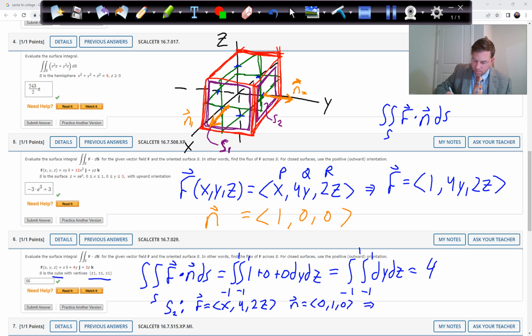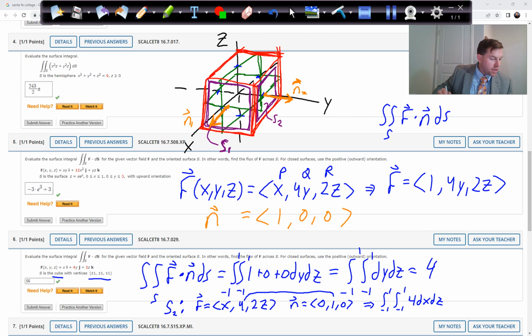So the double integral is still from -1 to 1 of, if you take a dot product of these two, you're only going to get 4 to survive. So it's 4, and now it's dx dz, because in the y direction nothing is changing.